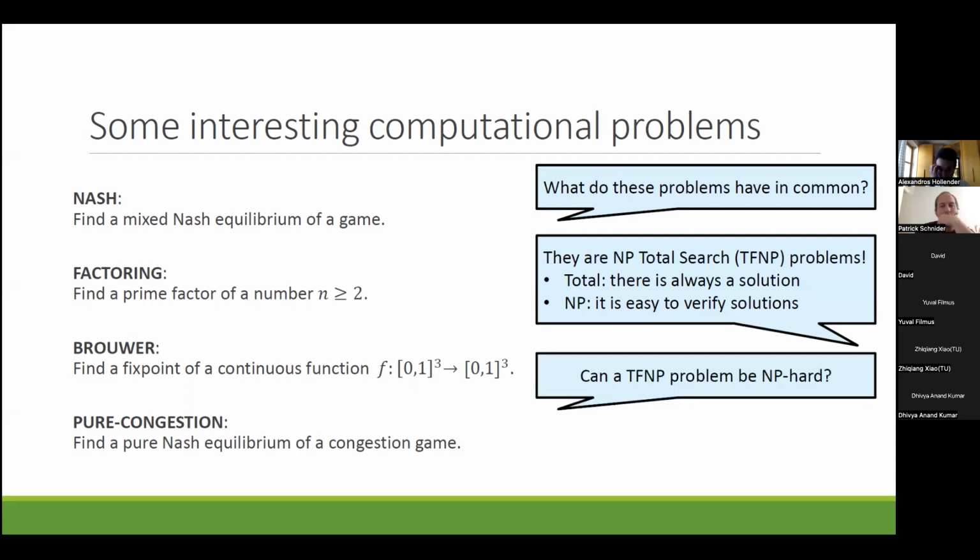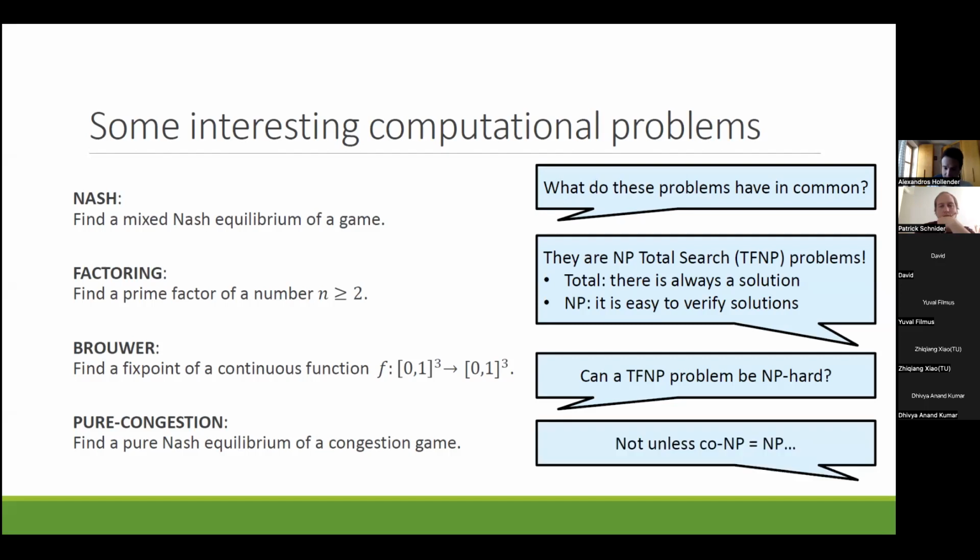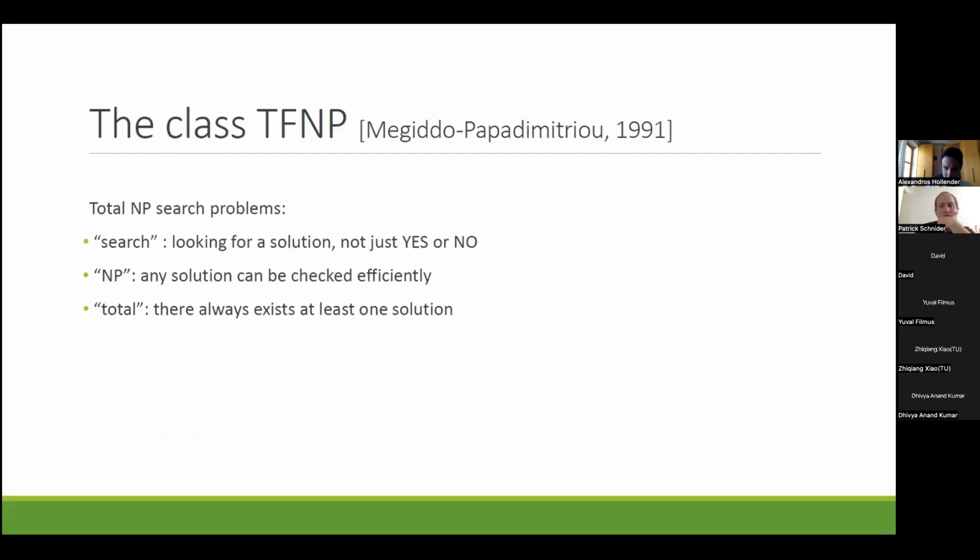So a very natural question is, can we prove NP hardness for any of these problems? And the answer is, because they lie in TFNP, this is not possible unless something very surprising happens, namely unless co-NP collapses to NP. So let's look at this in a bit more detail.